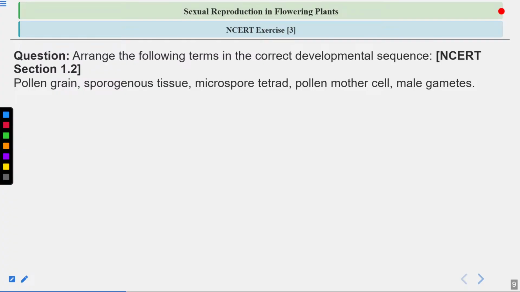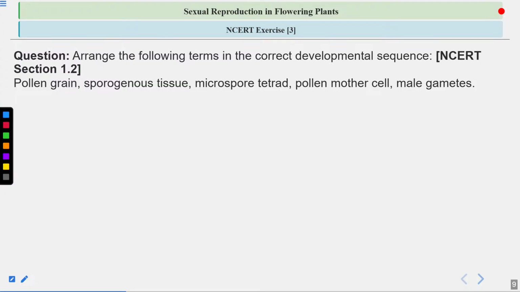Here the developmental stages are given for microsporogenesis: pollen grain, sporogenous tissue, microspore tetrad, pollen mother cell, and male gamete. You have to arrange them in a proper developmental sequence. This is the NCERT question from section 1.2.